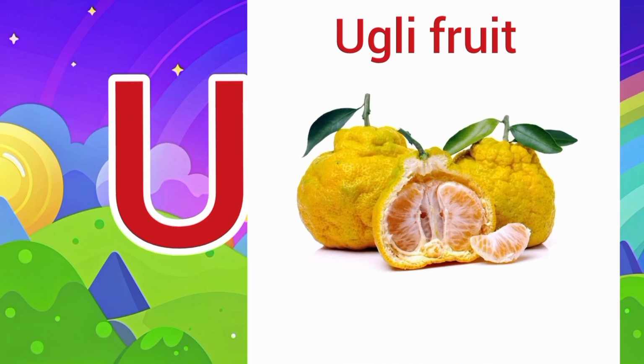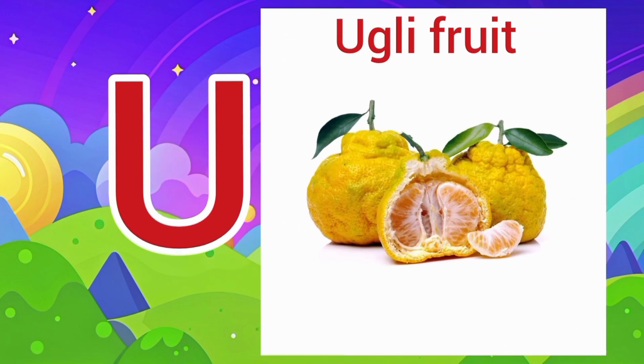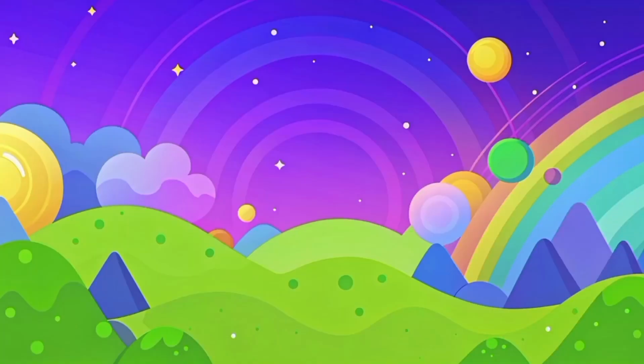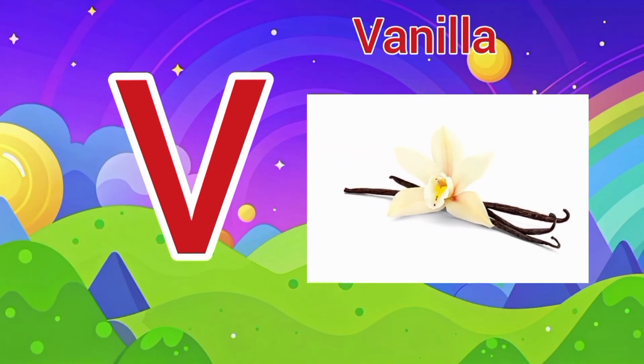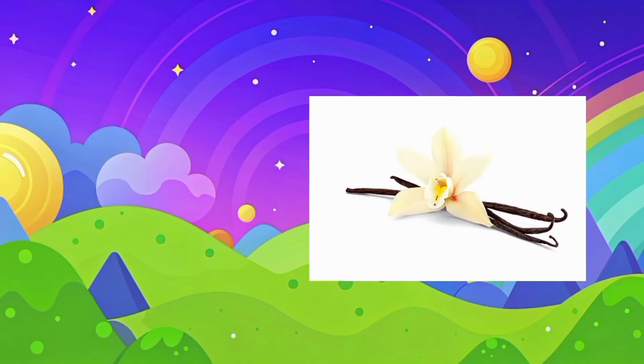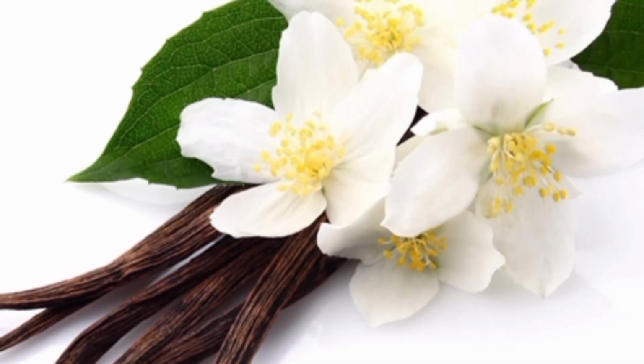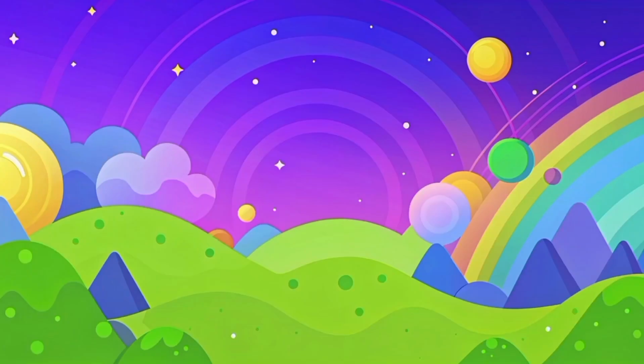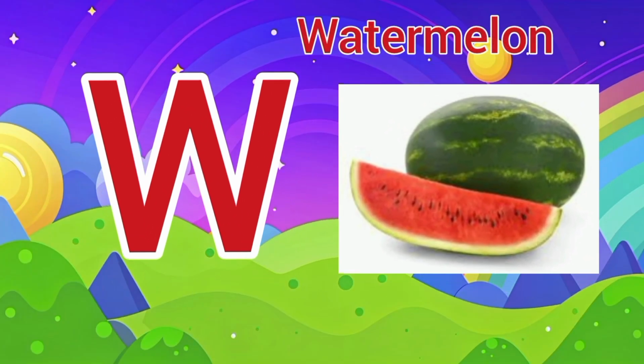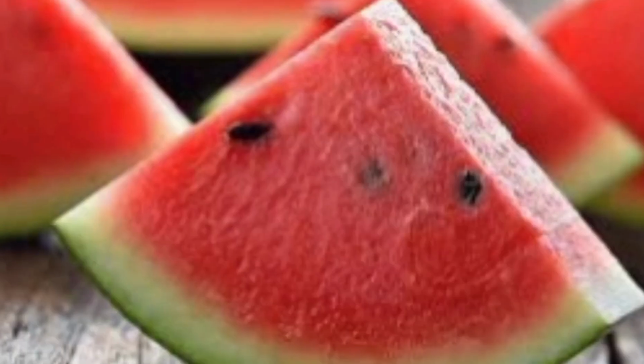U is for ugly fruit. V is for vanilla. W is for watermelon.